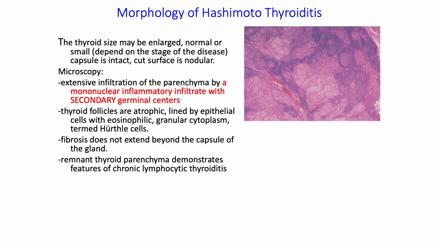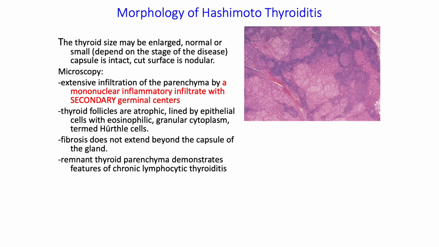And coming to the morphology, you can see there is thyroid gland destruction. There is overwhelming infiltration by lymphoid infiltrates, and many times these lymphoid infiltrates aggregate into lymphoid follicles, including the germinal center and mantle zone layer.